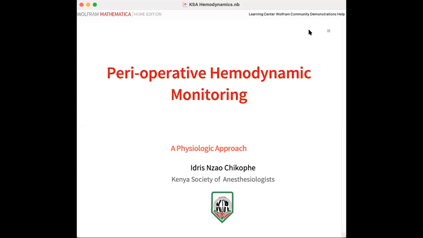We are not going to talk about tools that are foreign to our setting. Also, this talk is about patients who are relatively sicker compared to the others, and therefore they may need a little more intense monitoring. These are patients with disease severity that is higher compared to other groups, and therefore they need quite a bit of monitoring.